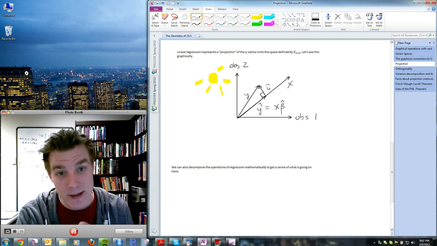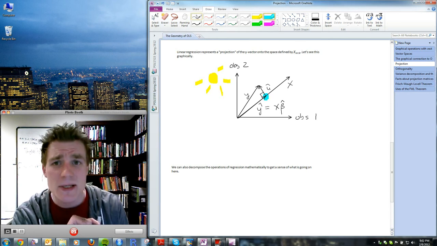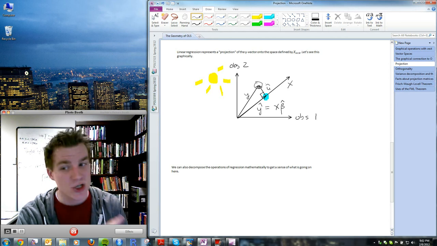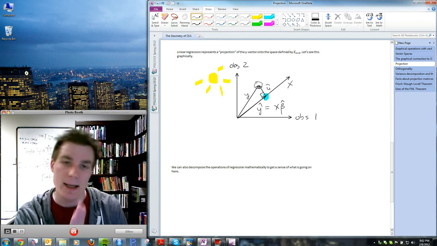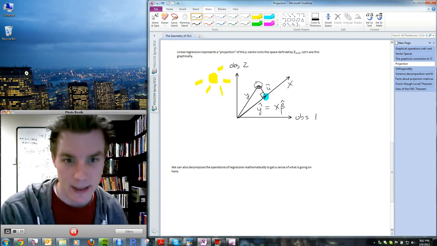In this case, that point is right about here. That's as close as I can get to the tip of y, just by moving linearly in x space. That's not all the way to y, right? There's this additional distance to travel, u hat, but it's as close as I can possibly get.